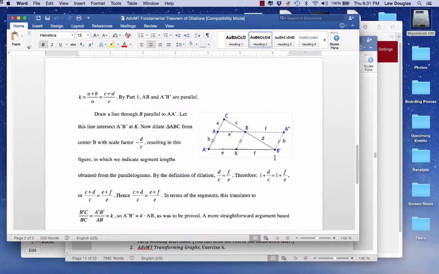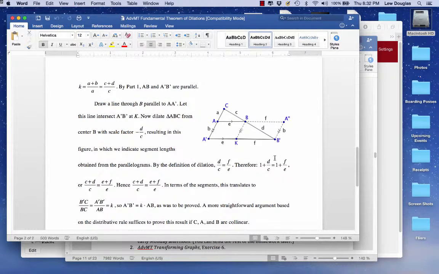And so we have parallelograms because AB is parallel to A prime B prime, and we made BK parallel to AA prime. So this is a parallelogram, which means that A prime K has to equal E. Okay?